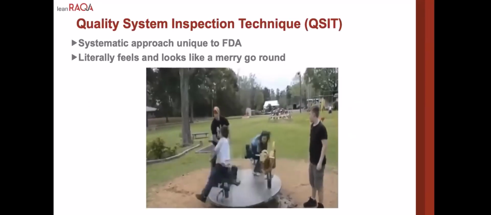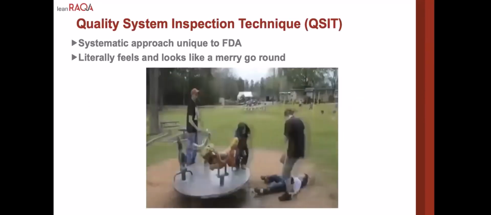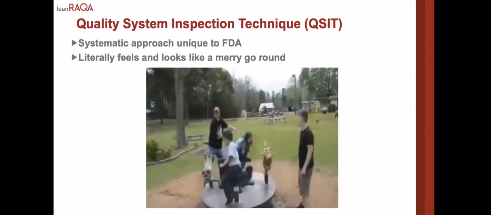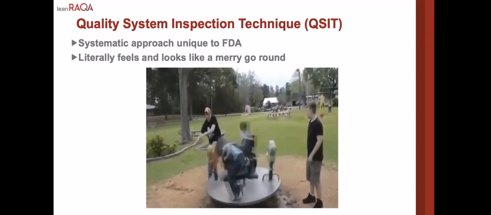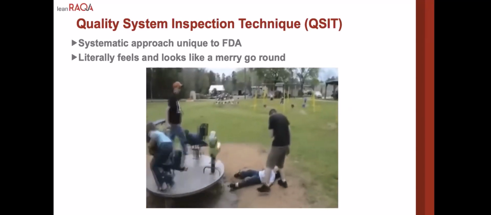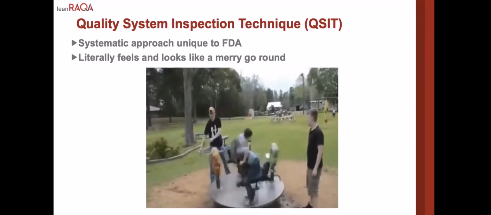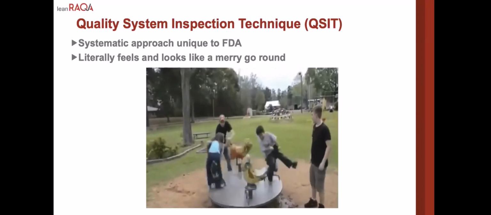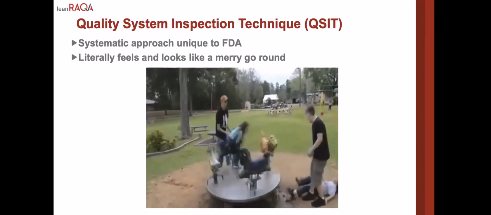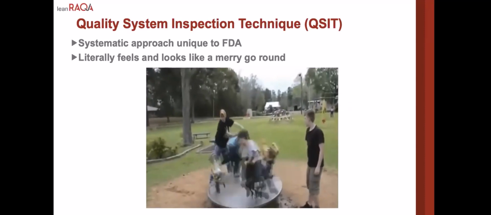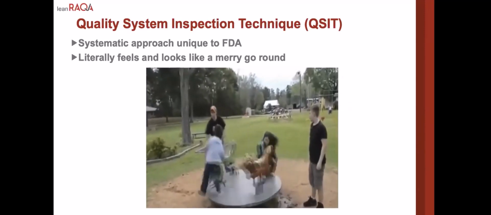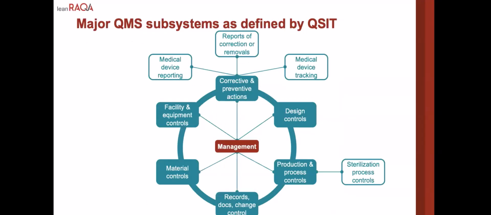QSIT is a systemic approach that's unique to the FDA, and it literally feels and looks like you're on a merry-go-round, because it flows in and out from one system to another system and back again. That's where it can feel like you're going around in a loop.